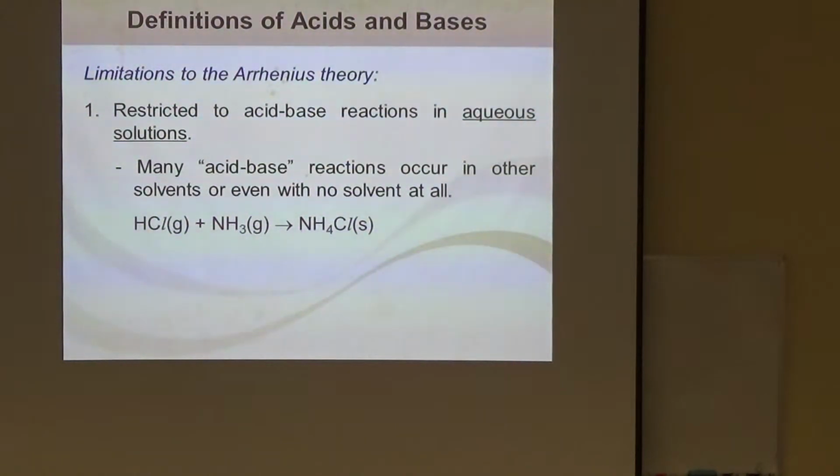There are many acid-base type reactions that occur in other solvents or maybe even with no solvent. If you get HCl gas and ammonia gas, they will actually react to form ammonium chloride solid.